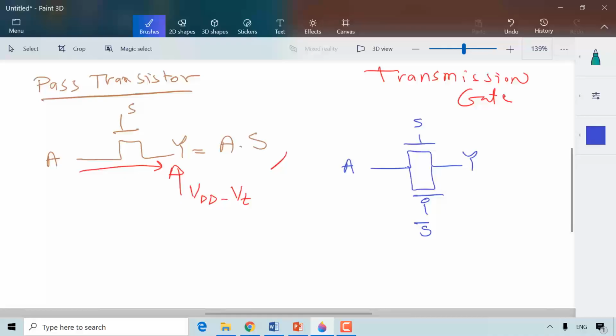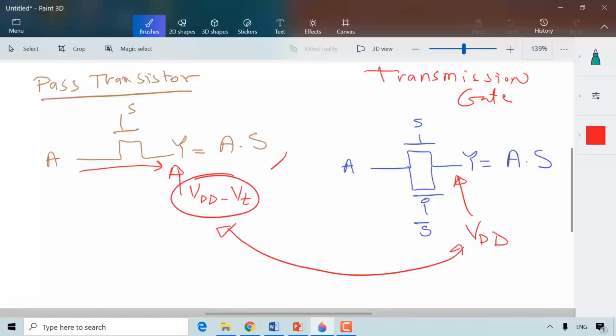Y has the same functionality, but here, when I charge this node to VDD, it goes all the way to VDD with no VDD minus VT restriction. The difference is that in the first case we charge only to VDD minus VT, which is weak, and here we charge all the way to VDD, which is appropriate.